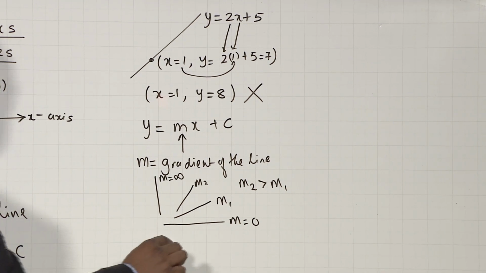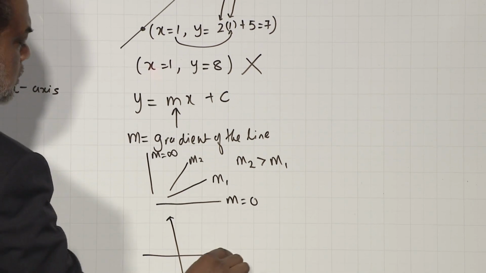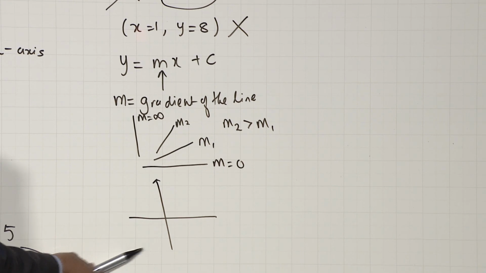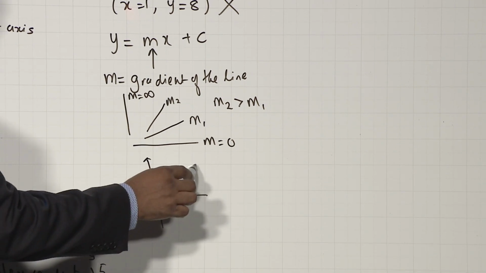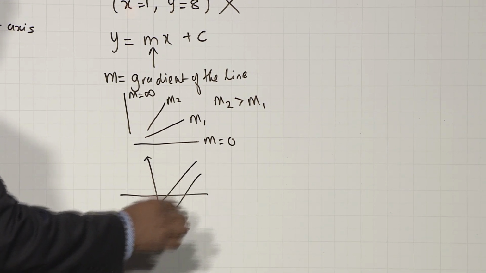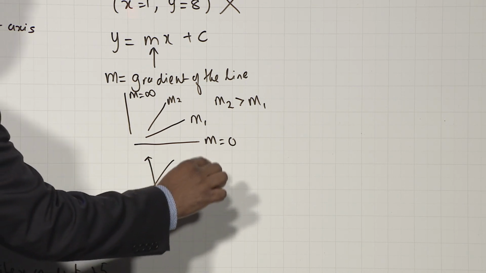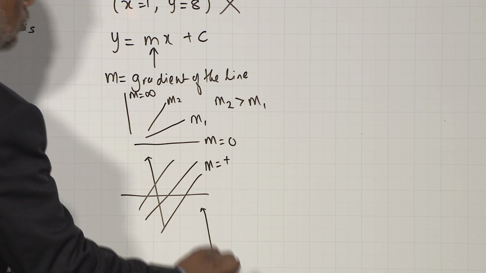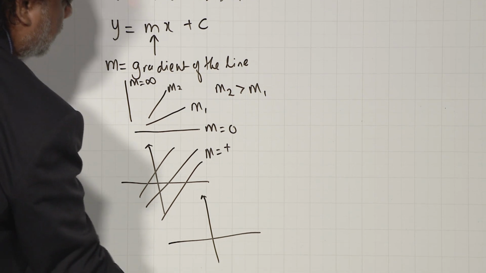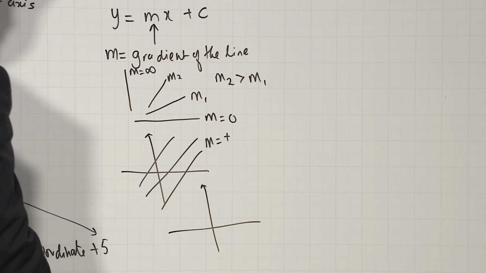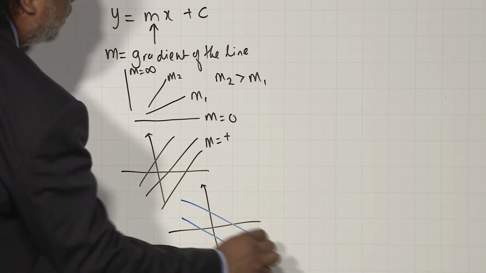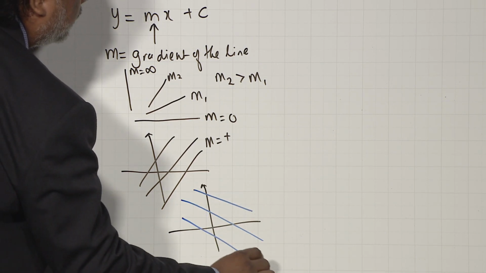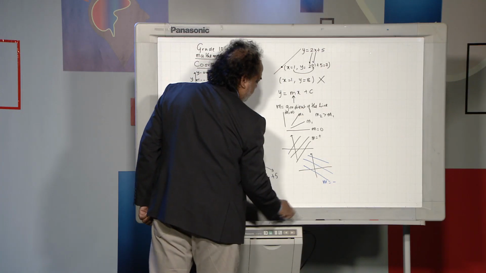Now, when we move from left to right, lines in this direction will have positive gradient, whereas these lines will have negative gradient.